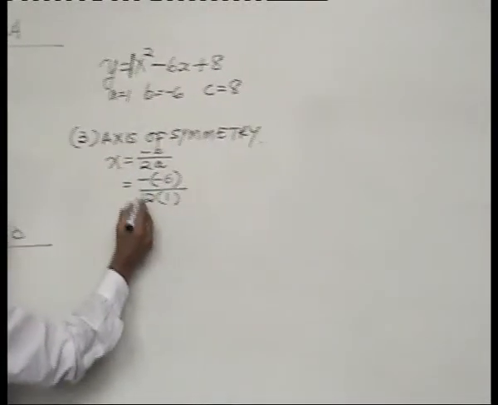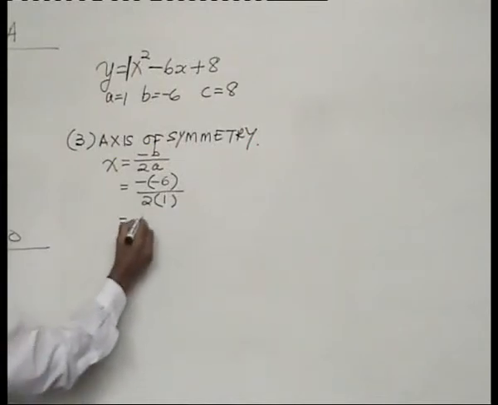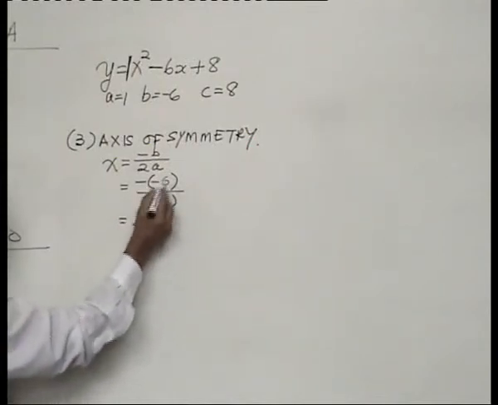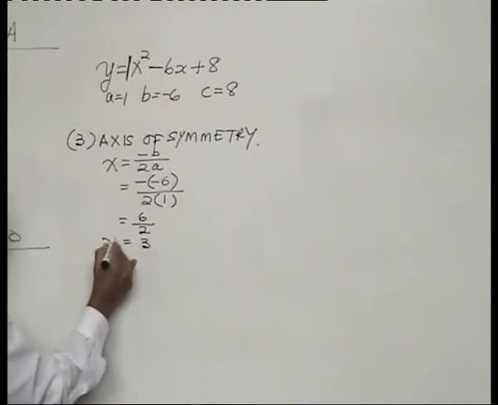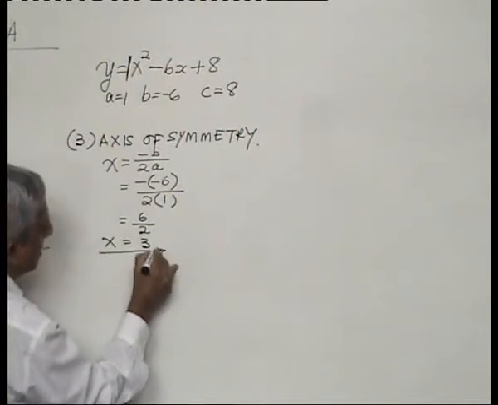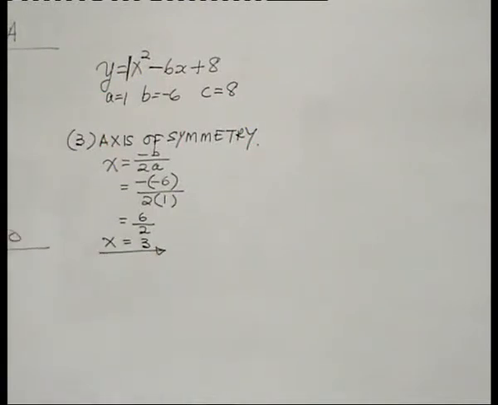And then you can do the numerator first, you get 6. Use your calculator to help you. Then do the denominator 2. And then use the calculator. So you have ended up with axis of symmetry, x is equal to 3. So we have finished 3 steps. And now we come to the next step, step number 4.